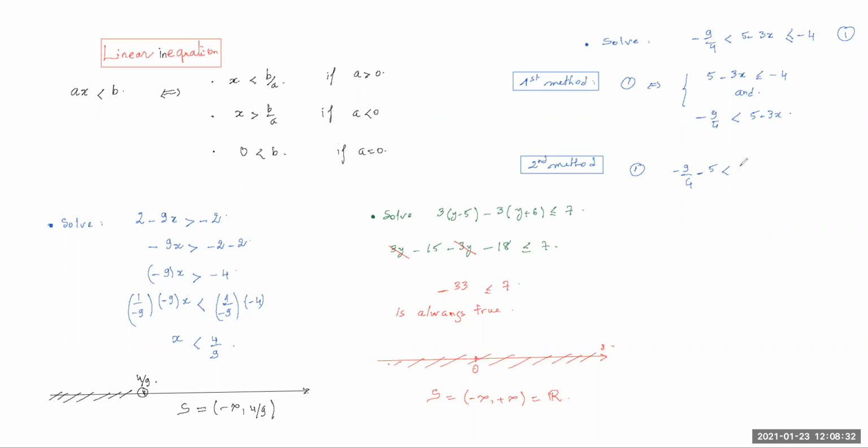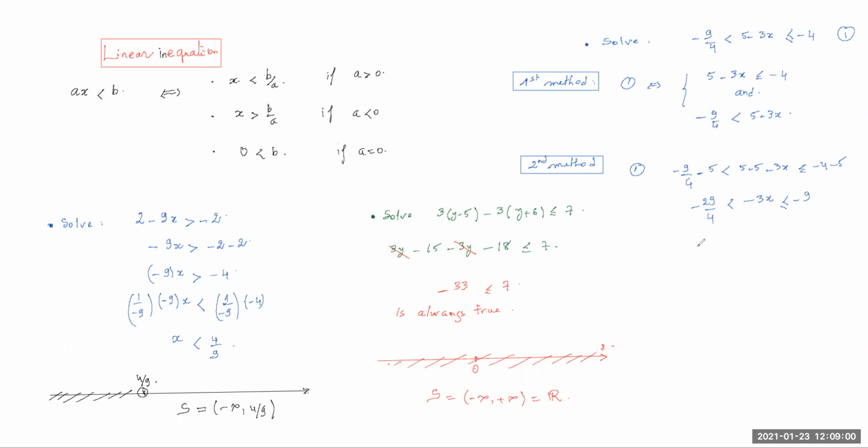So that's 5 minus 5 minus 3x less than minus 4 minus 5, so that I have minus 3x, less than or equal to minus 9, and here minus 29 over 4. Then I need to eliminate minus 3, so I divide by something, but then when I divide, I need to change the inequality.